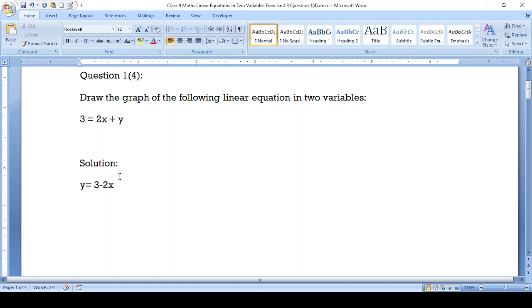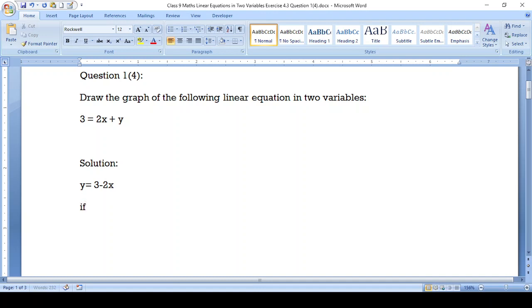In this case, we can assume different values of x. Let us say x is equal to 0, 1, 2, 3 and so on. Let us get the value of y for different values of x.